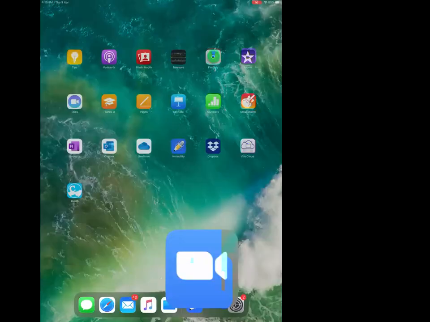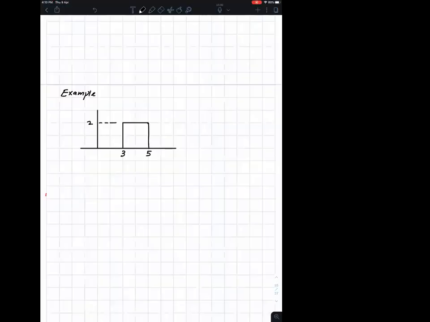Okay, now, this is a signal that's defined to be x(t) equals 2, for t between 3 and 5, and 0 otherwise. I can realize the signal using two different step functions.